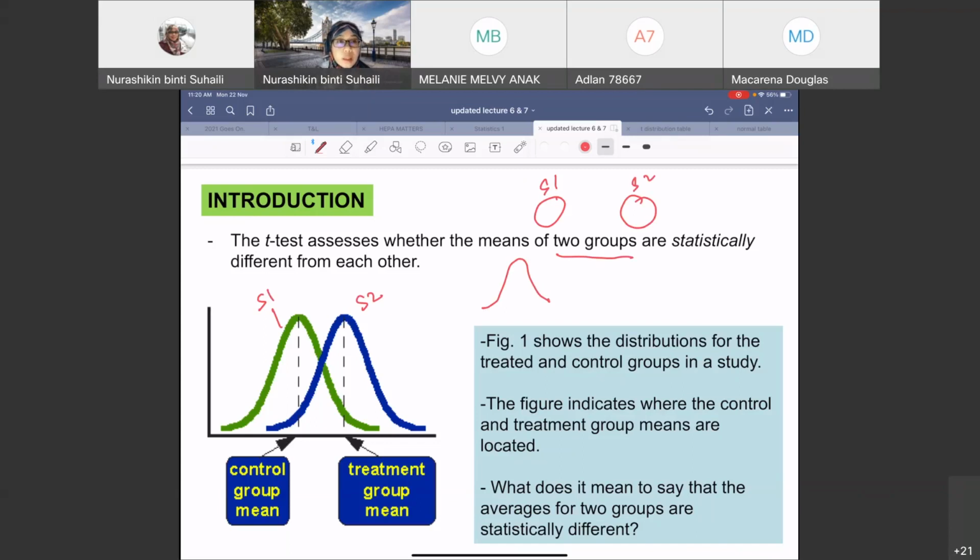You imagine the whole data is described by the whole graph, from the lowest to the highest, and this point refers to the mean or the median. But the whole data is represented by the curve. This is what we call a distribution, and it covers the whole data.